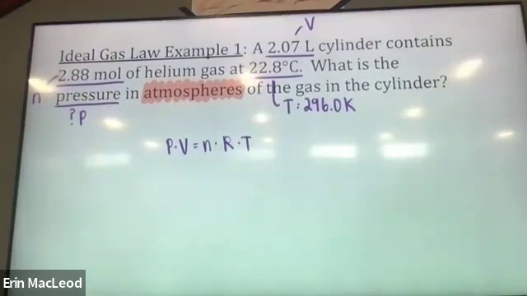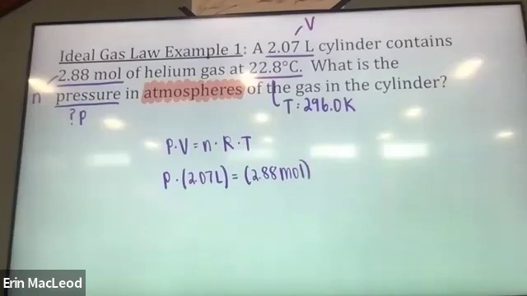Plug in what we know. We don't know P, so we'll call it P, or X if you want to solve for X. I don't really care. Your volume is 2.07 liters. N is 2.88 moles. And then you get to R. And again, R has two choices and two choices only. All right. We want atmospheres.